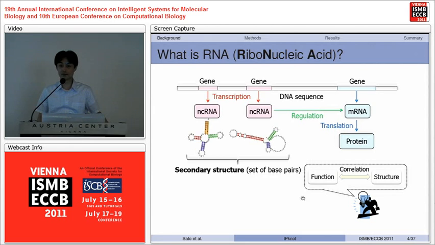It is widely believed that there is a strong correlation between the structure of an RNA molecule and its function.